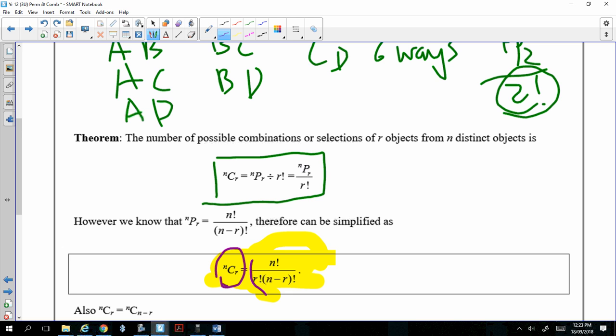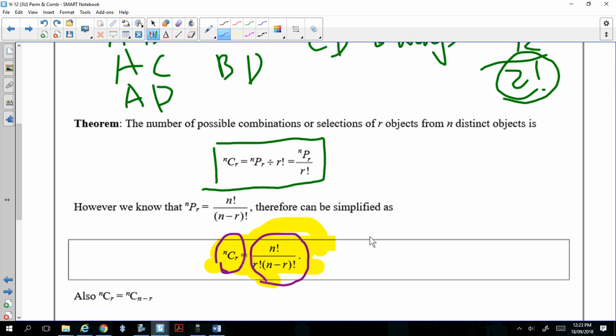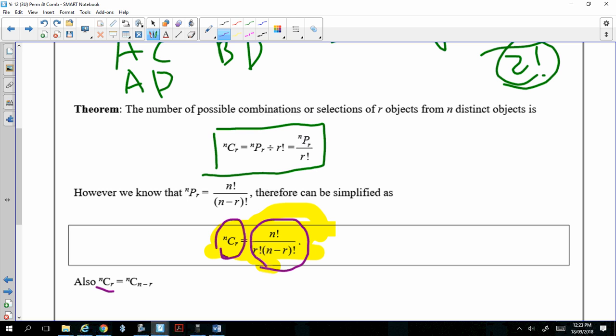And we also know from the binomial theorem that nCr is the same as nC(n minus r), the symmetrical property. For example, let's say we've got 5C0, 5C1, and then you got 5C4, 5C5.